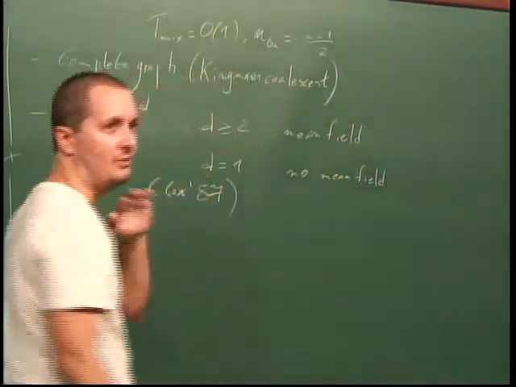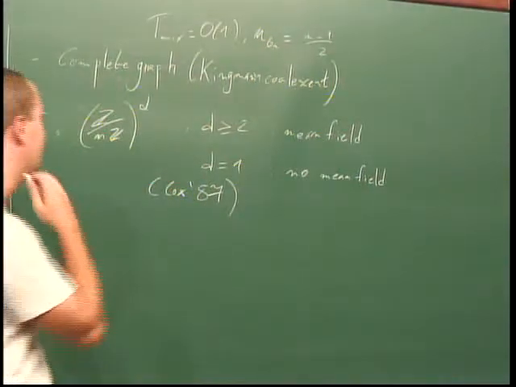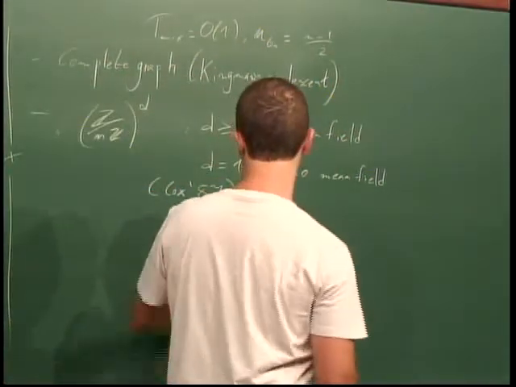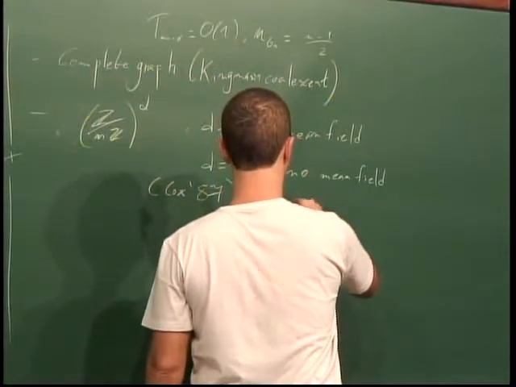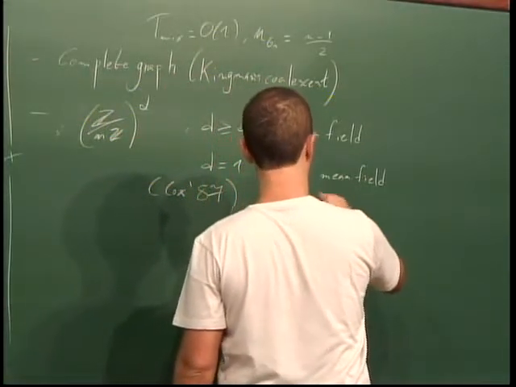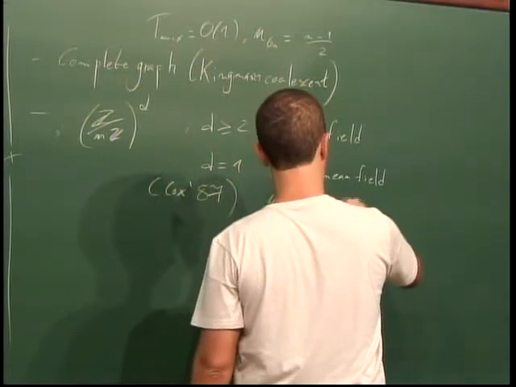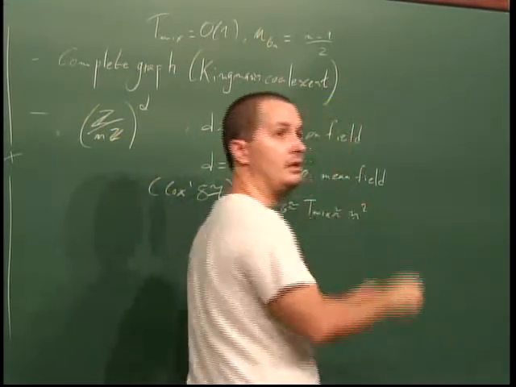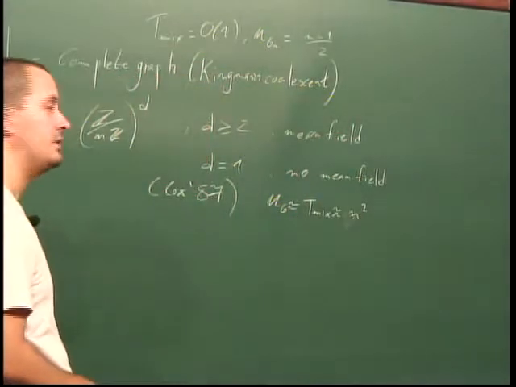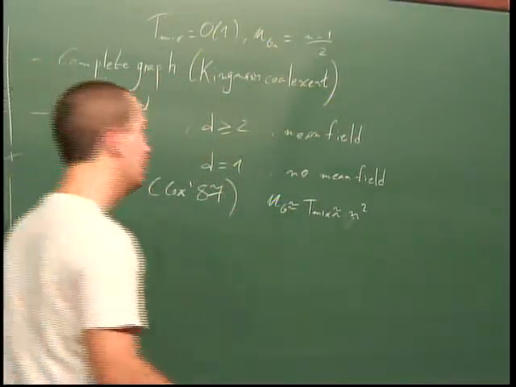So clearly it satisfies the conditions. For d equals 1, you actually have that mu sub g and the T mix are both of the order n squared, where n is the length of the torus. So it clearly violates the conditions of the theorem.